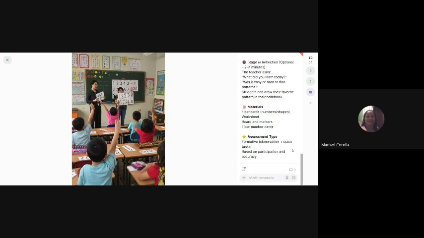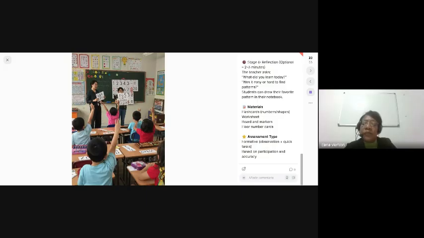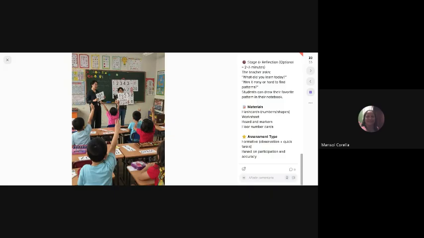And stage number 6, reflection, 2 or 3 minutes. The teacher asks, "What did you learn today? Was it easy to find patterns?" A student can draw their favorite patterns in their notebook.